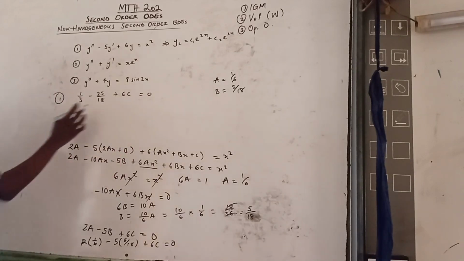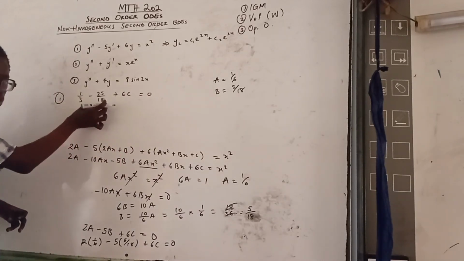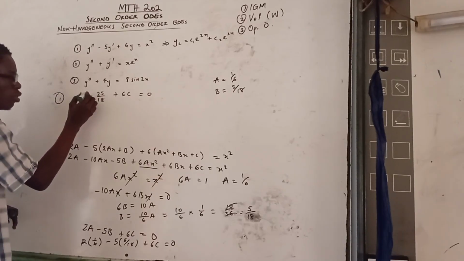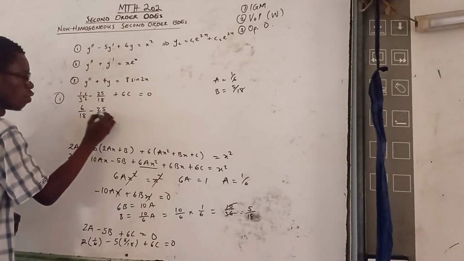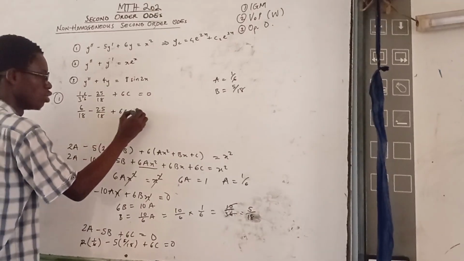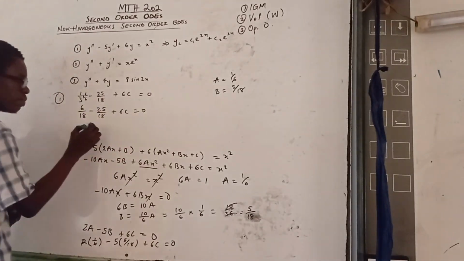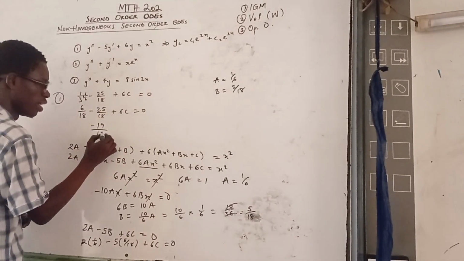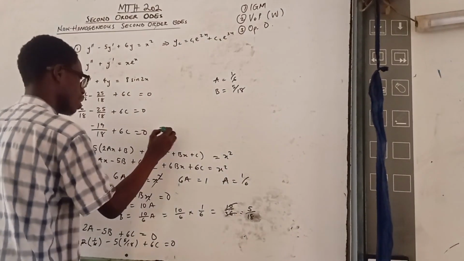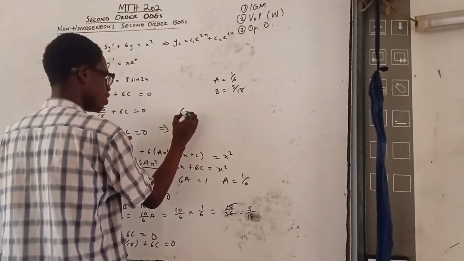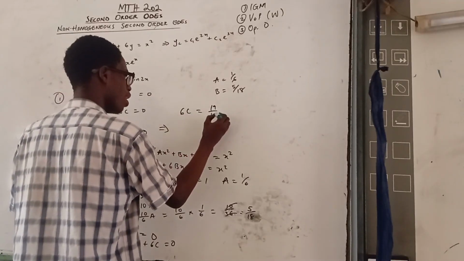Now 1 over 3, to make it the same denominator as 18, I can multiply both by 6. So I have 6 over 18 minus 25 over 18 plus 6c equals 0. 6 minus 25 is minus 19. Minus 19 over 18 plus 6c equals 0, which means I can bring this to the other side and say 6c equals 19 over 18.